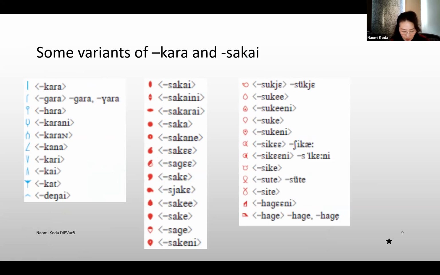This is part of the variants from the GAJ map. We can see many variants of から and 境. Phonetic variants of 境, like 境に、逆らい、坂、坂ね、酒、下げ、酒、鮭, etc.